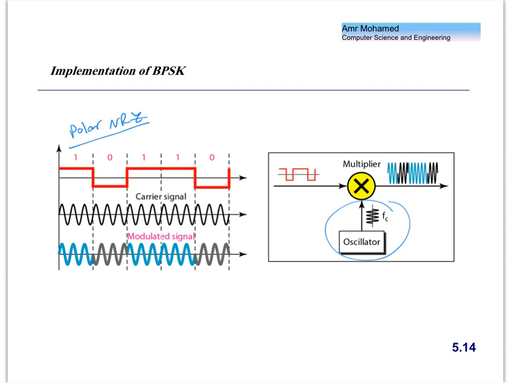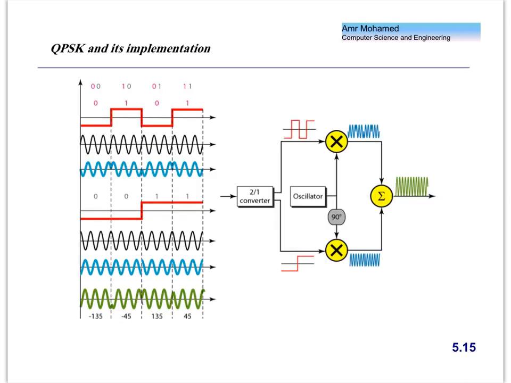Okay. What about QPSK? For QPSK, or quadrature phase shift keying, we have 4 different levels. And here each level is represented by a different phase, not a different frequency or different amplitude, which means R equals 2.